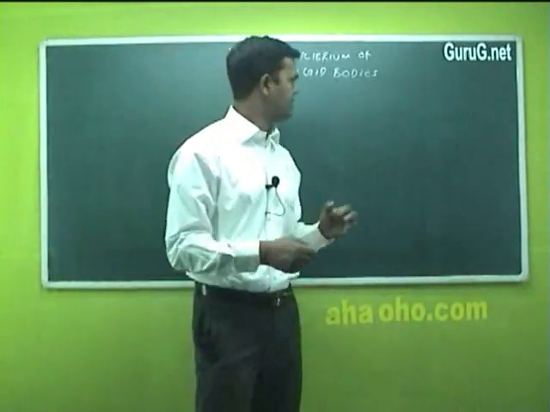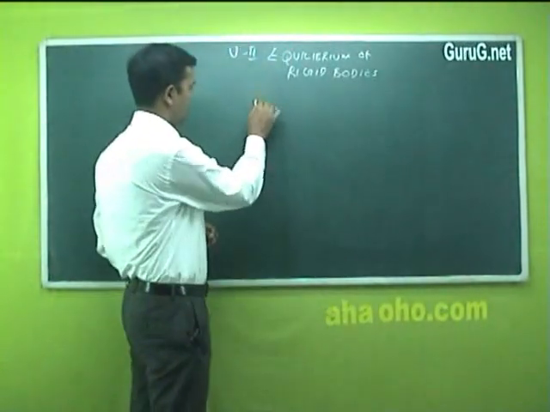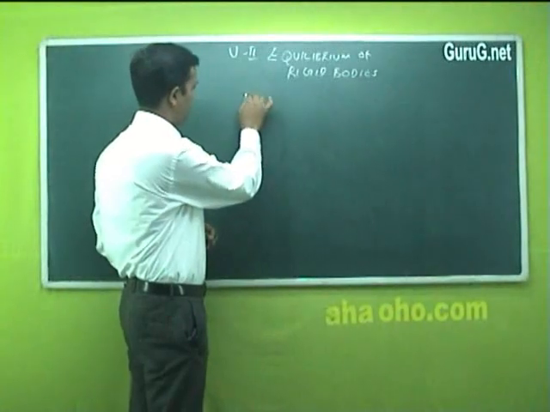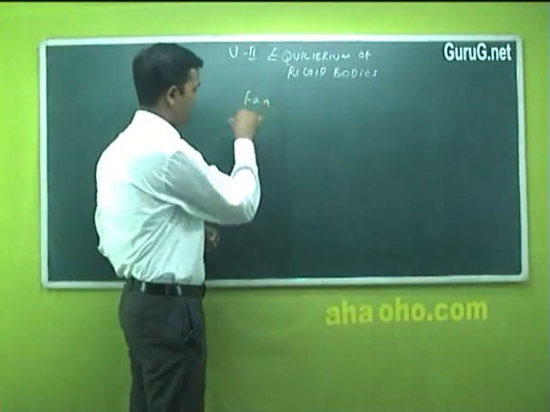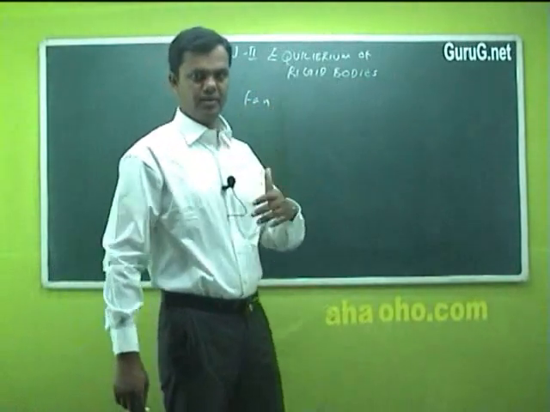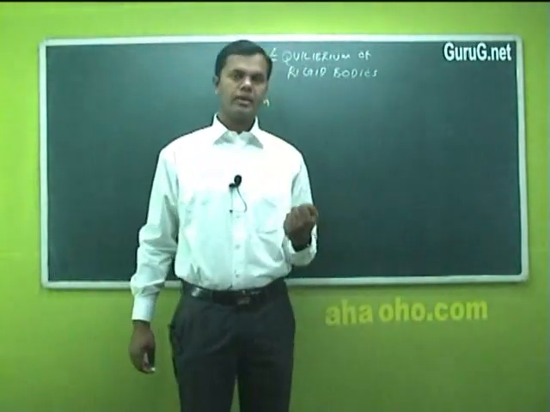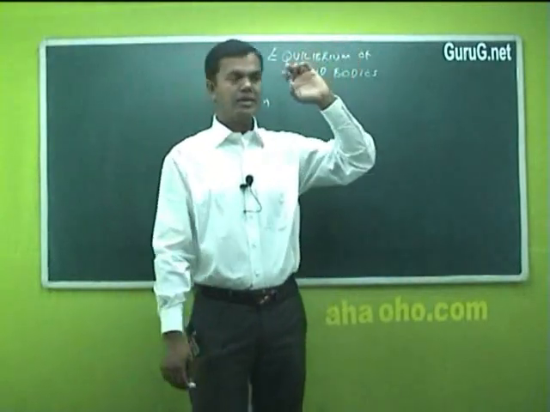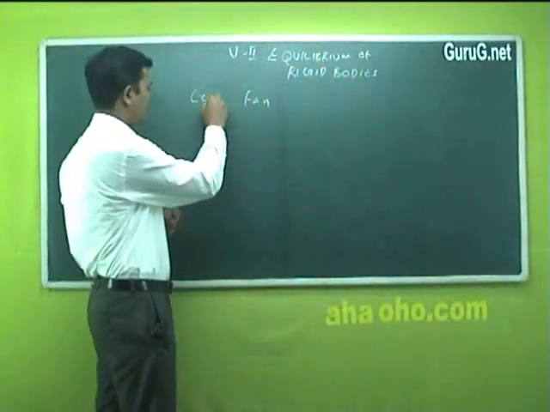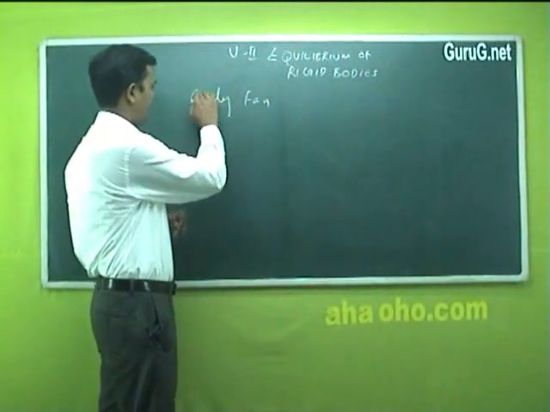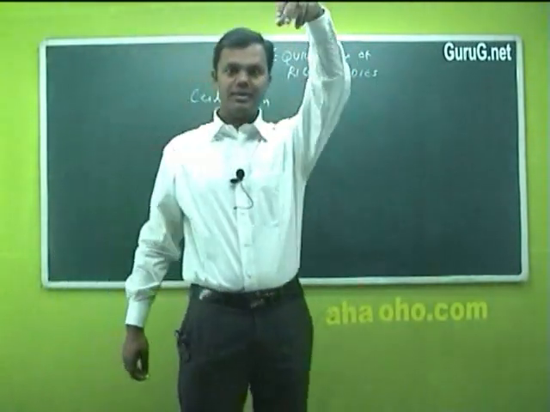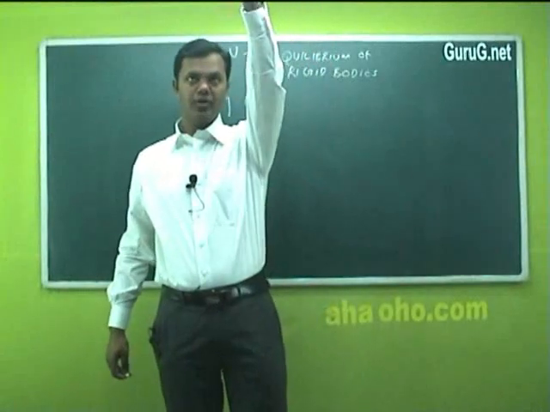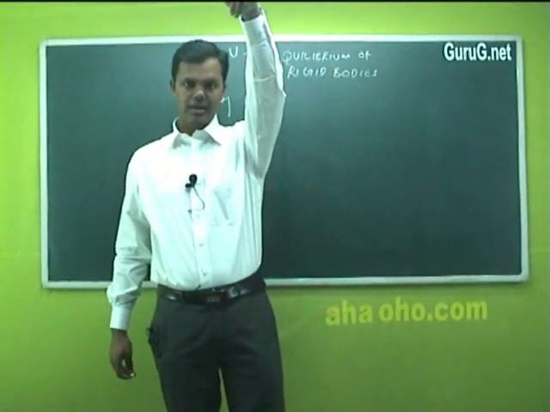In the sense, I will consider a body, for example, a household fan. We know what a fan is. I can say a ceiling fan. The ceiling fan will be hung from the top of the ceiling.